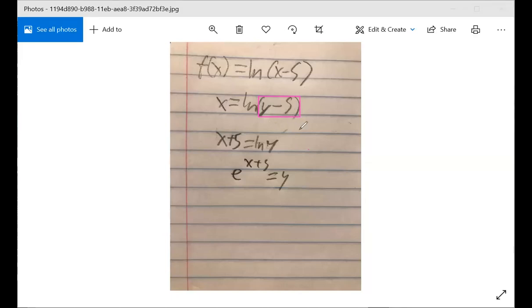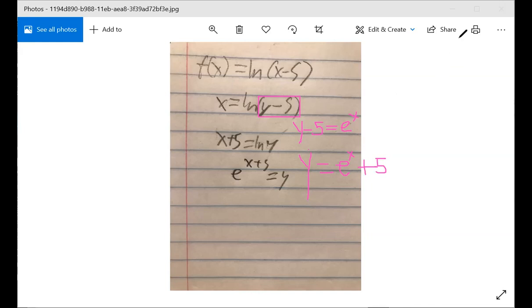It should be y minus 5 equals e to the power x, by definition. And then y would equal e to the power x plus 5. You know what I mean? So we need to treat this parentheses as one entity. It's the omega. But very good try.